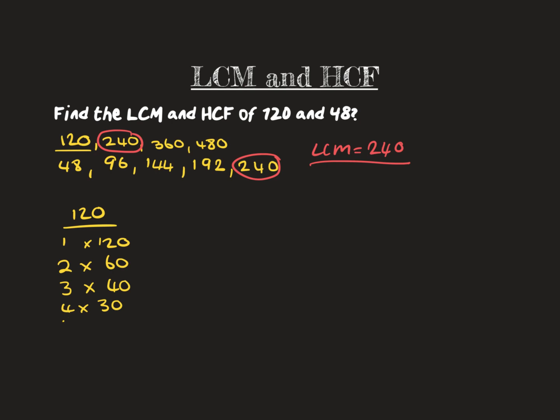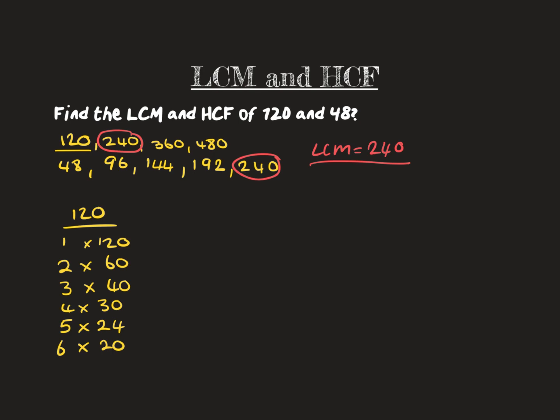It is in the 5 times tables because it's got a 0 on the end, so 5 times by 24. And then 6 times by 20, because 6 times 2 is 12, but 0 on, so 6 times by 20.